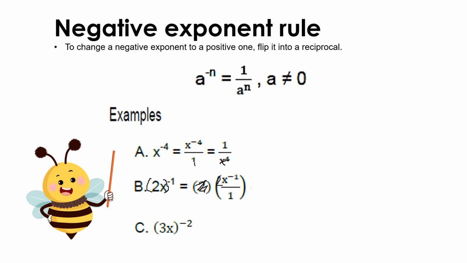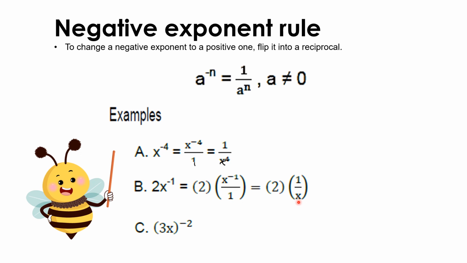But since wala siyang open and close parentheses, may exponent lang doon is yung x. So, therefore, you get the reciprocal of x raised to negative 1 over 1. So, we have 1 over x.